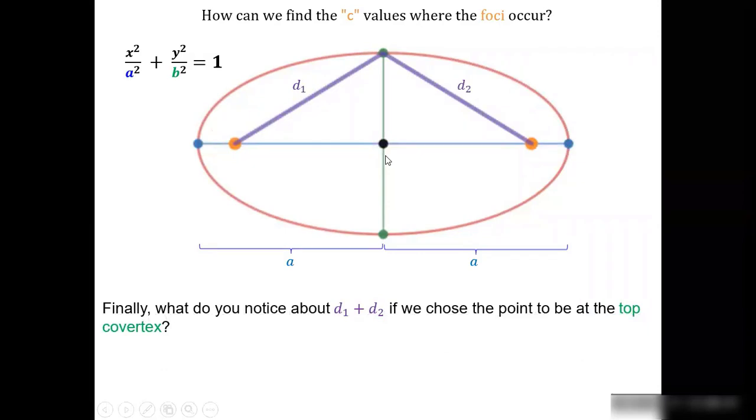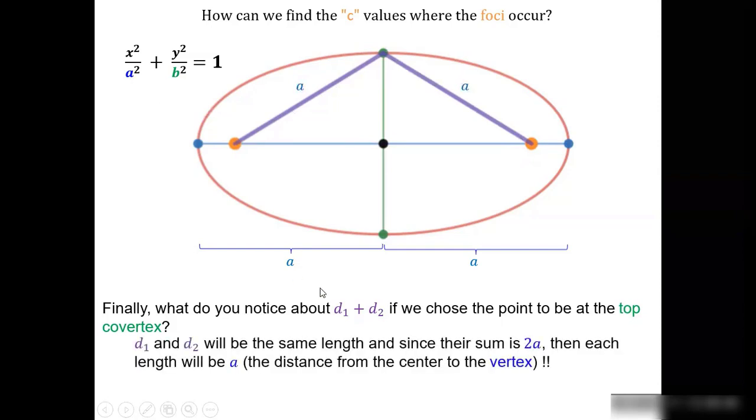So what if we were to now move that point on the ellipse to be straight up at one of the co-vertices? Now I should realize that D1 plus D2 has to equal 2A, or 2 times whatever this number is.